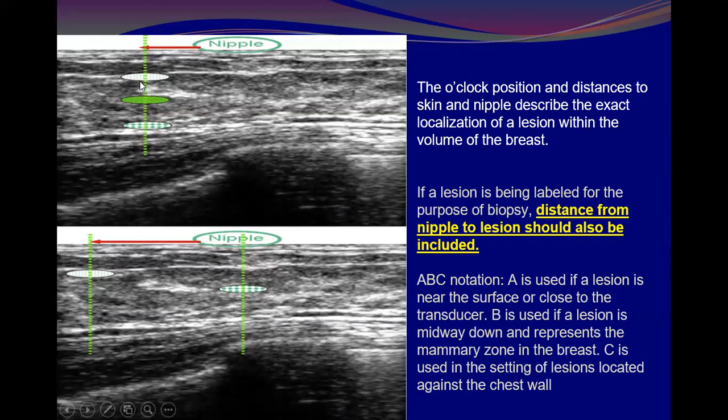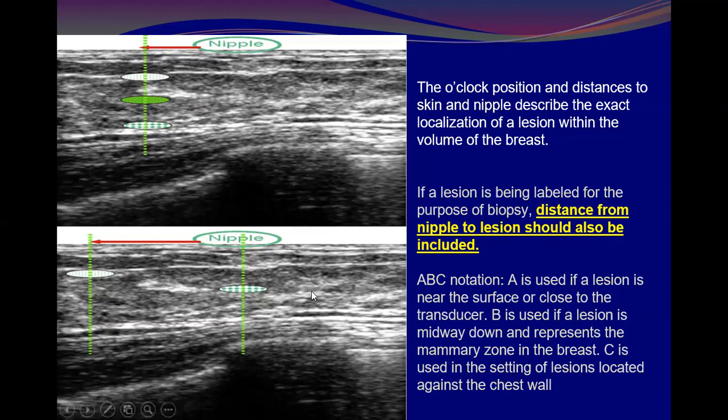Look for these lesions here, the distance from the nipple, and this one, the distance from the nipple. And this lesion here is subareolar, or behind the nipple. But this one is far from the nipple, by maybe 5 centimeters, 6 centimeters or so.